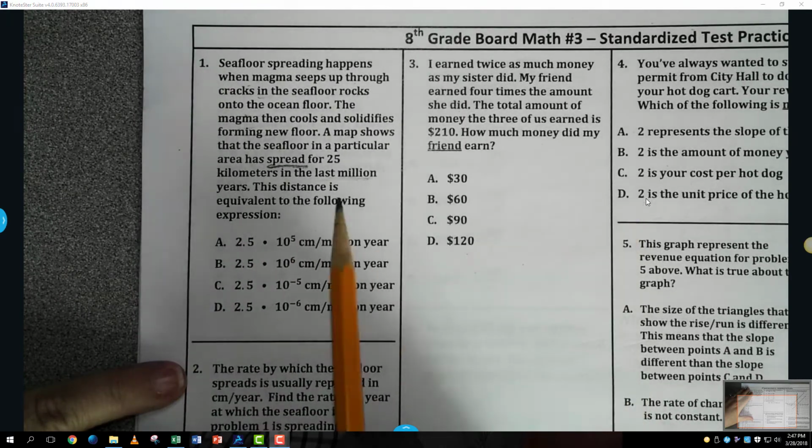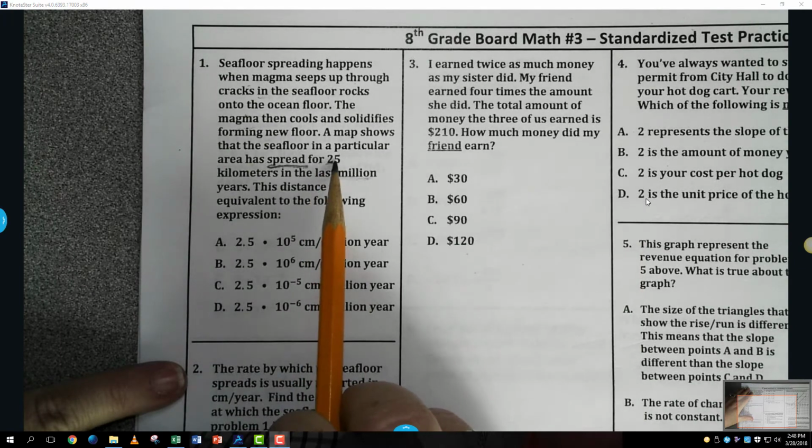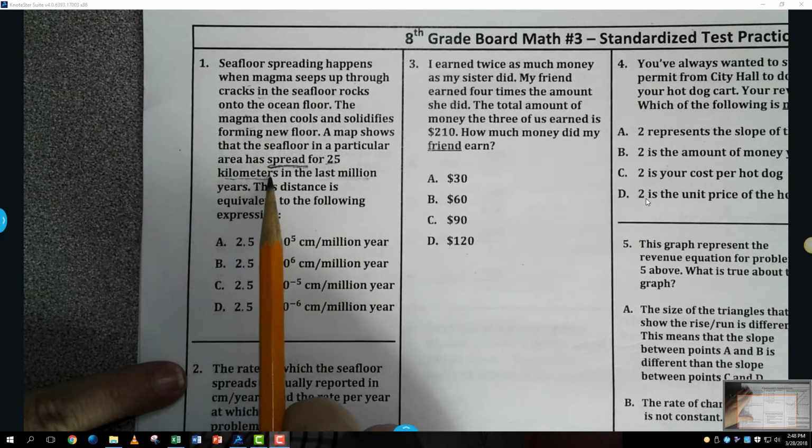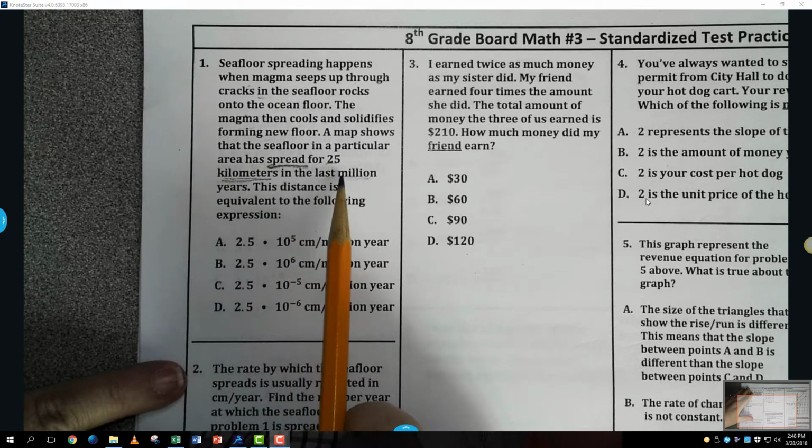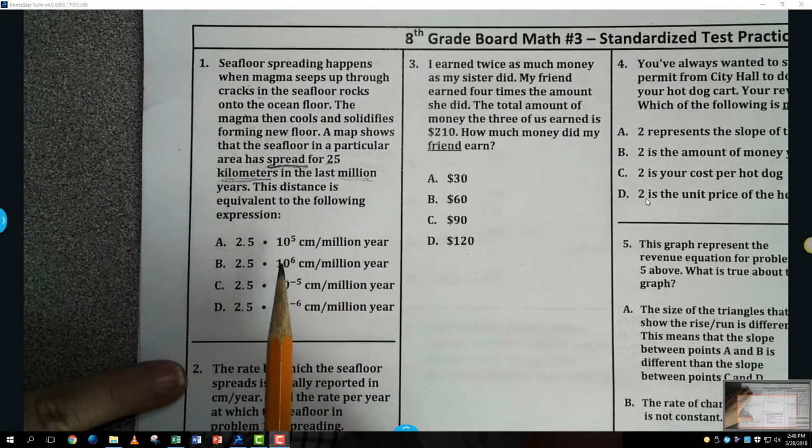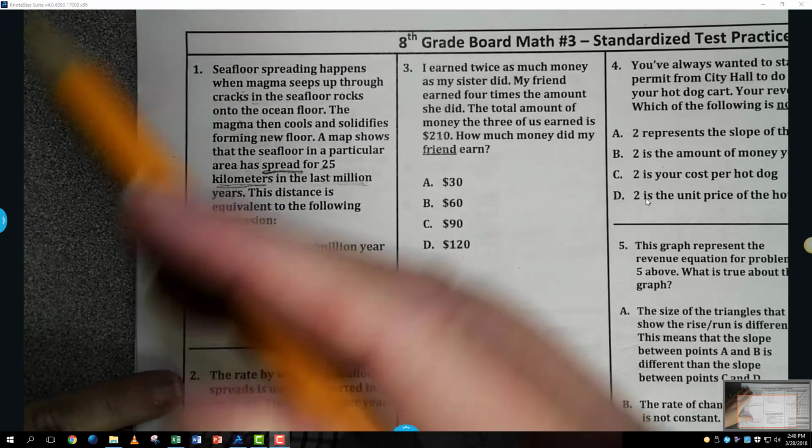Okay, so it has spread 25 kilometers in the last million years. The issue is that this needs to be in centimeters, not kilometers.